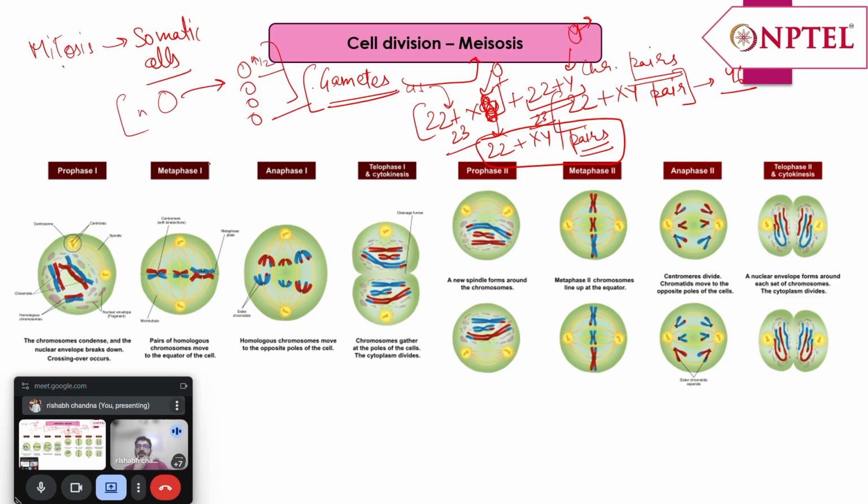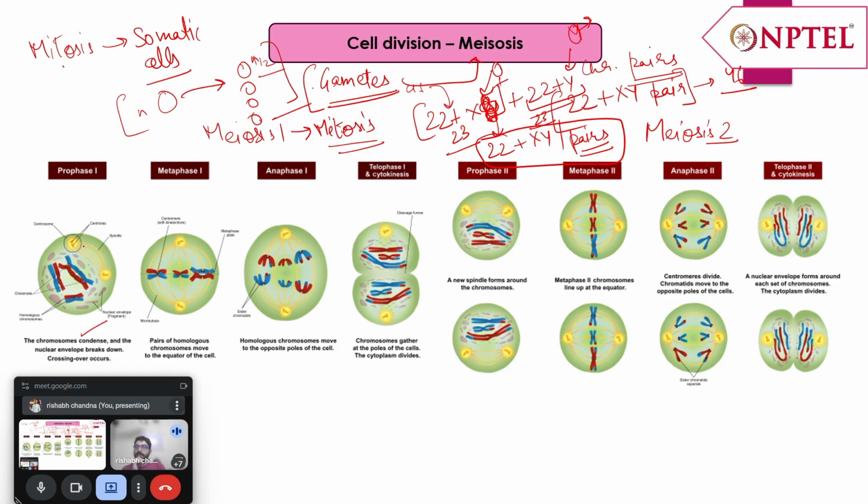Talking about its steps, there are two phases in meiosis. This is meiosis 1 and this is meiosis 2. Meiosis 1 is basically a replica of mitosis. It has prophase 1, where like in mitosis the chromosomes condense, the nuclear envelope breaks down, and crossing over occurs.